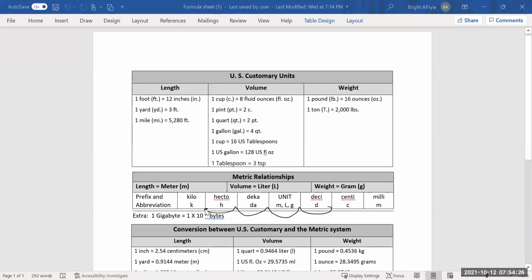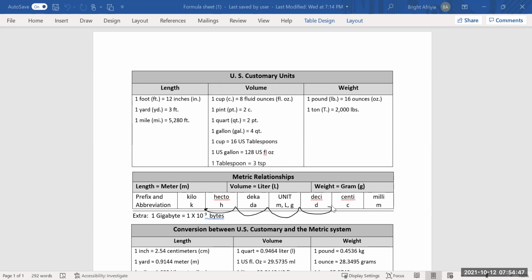So you remember when we were looking at how to use the formula sheet. So here, what you see here, we have a kilo, right? So this is the metric relations. We have a kilo, we want to move to deci. So kilo is right here. So we move 1, 2, 3, and 4. All right, because we have a kilo, which is 1, right?